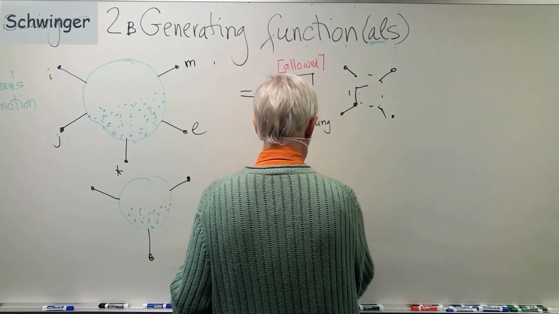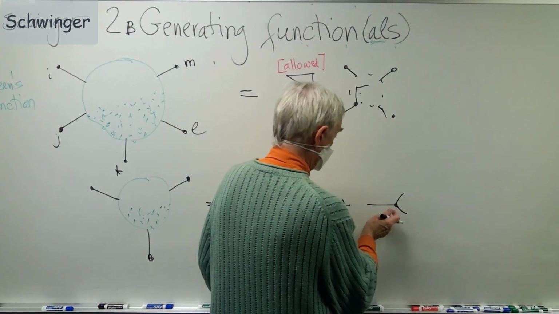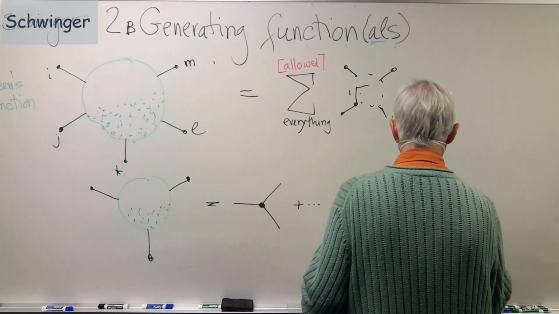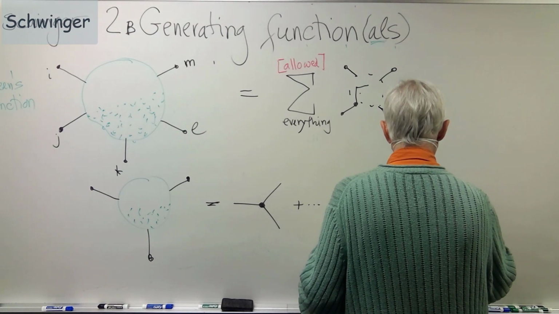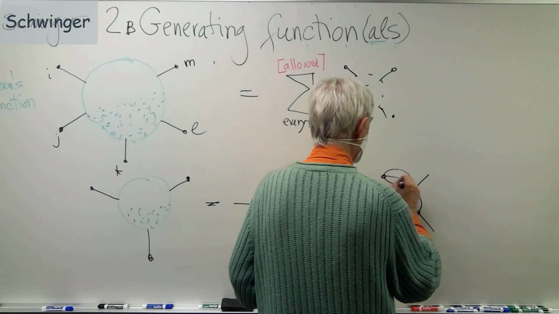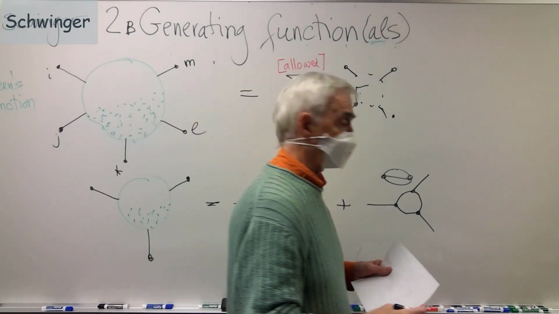Then, other things can happen. For example, I can split into two particles, which then go dancing with some other particles, while all kinds of things are going on in a bar which are disconnected from me. I'm not interacting with them.